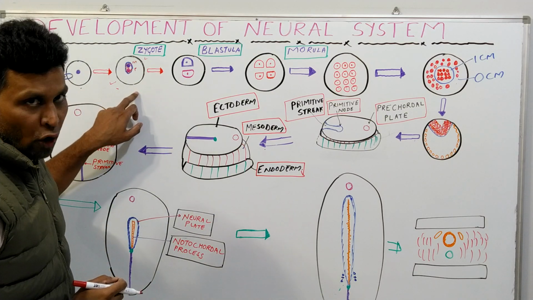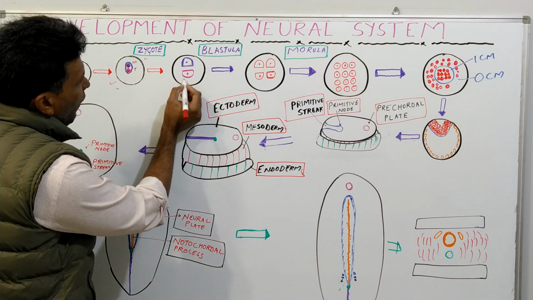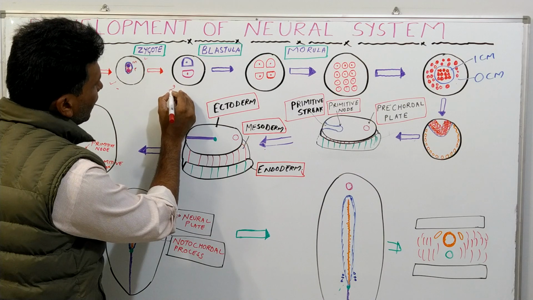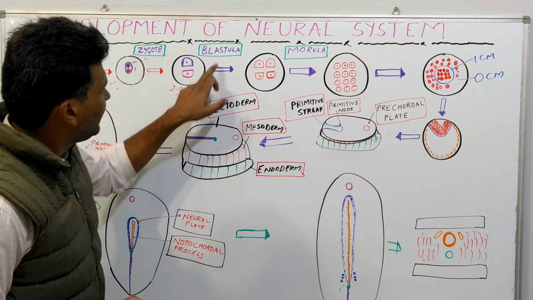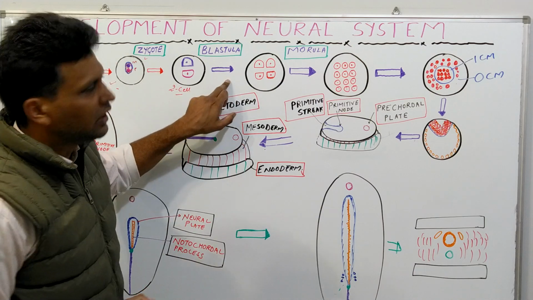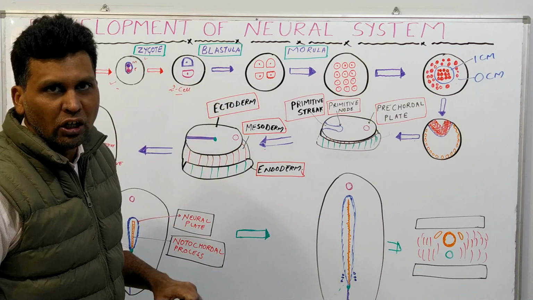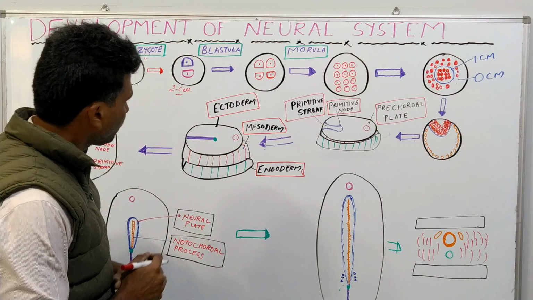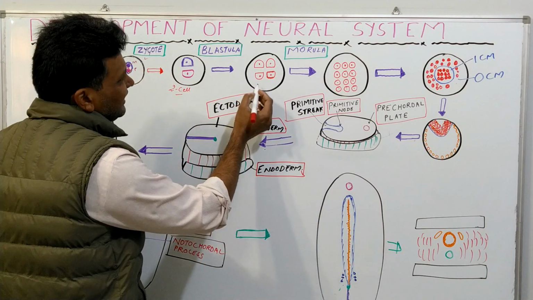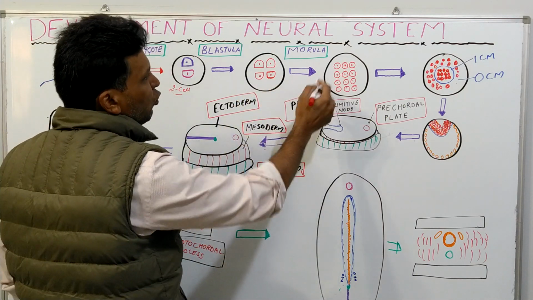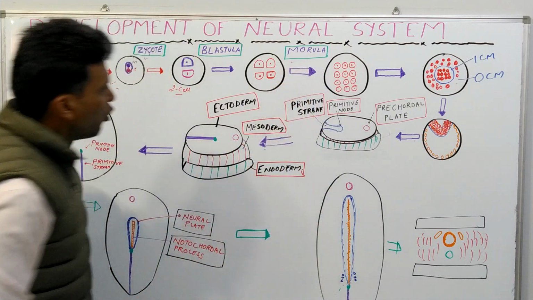This is the zygote, and it divides into a two-cell stage, and then from the 2 to 4 cell stage, this stage is called blastula. After the fourth stage, these cells divide again and go to the 12-cell stage, and that stage is called morula.